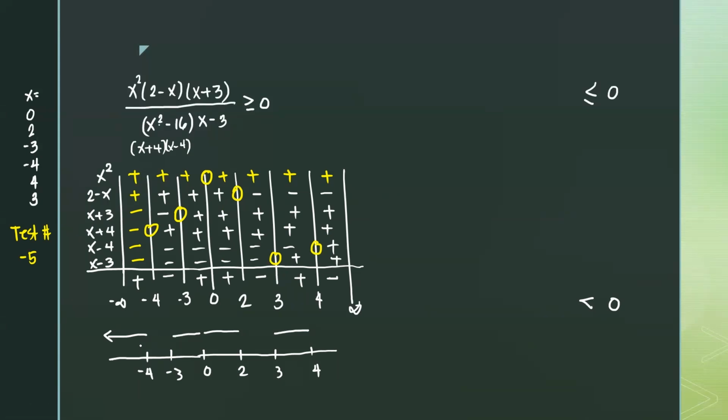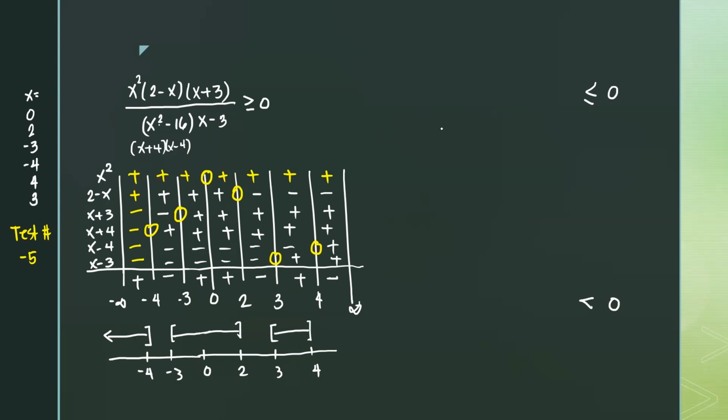So, since it has an equal sign, am I correct in saying that it's a bracket? Bracket, bracket. Now, a question: how come it's a bracket at 0? If it is a bracket at 0, what I will do is just connect them, because it's a bracket at 0, so that means 0 is included.